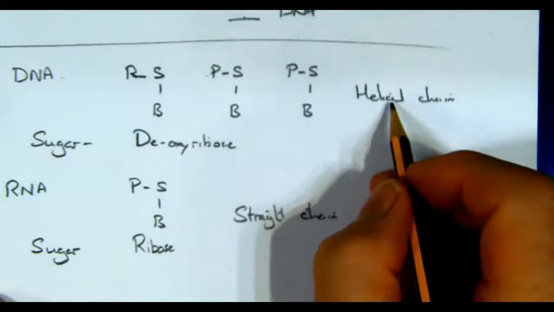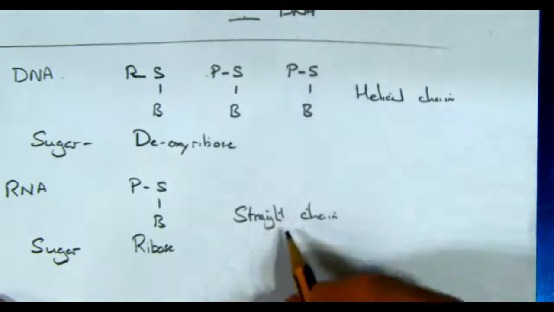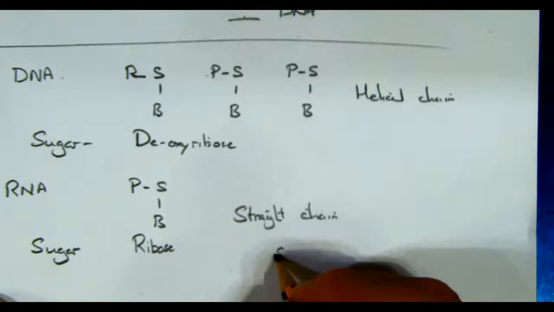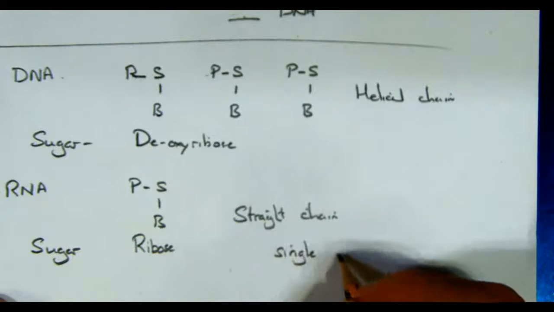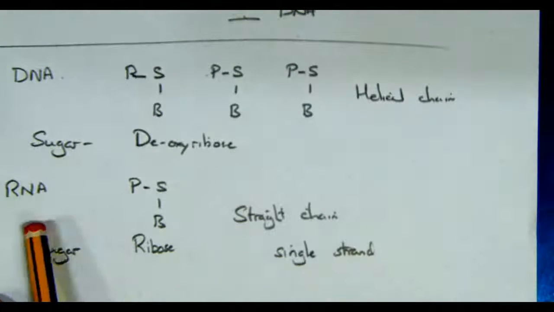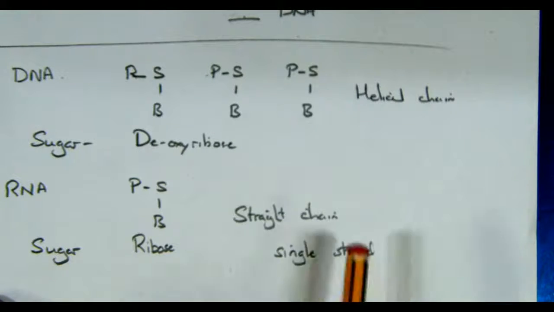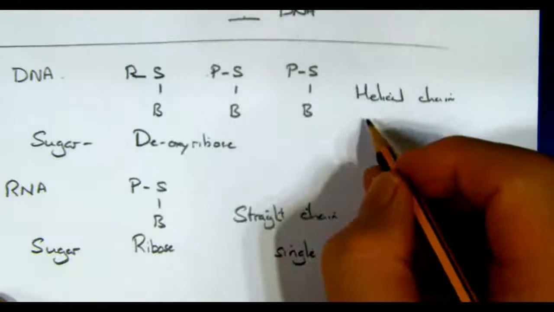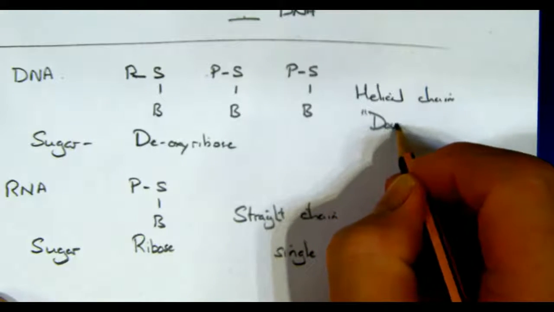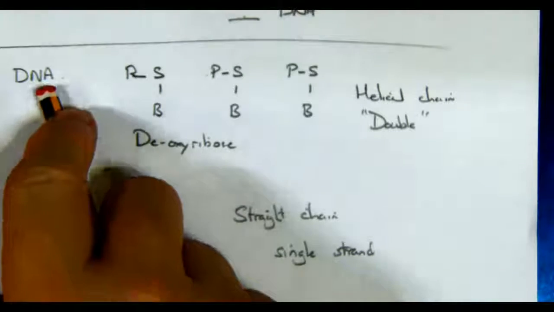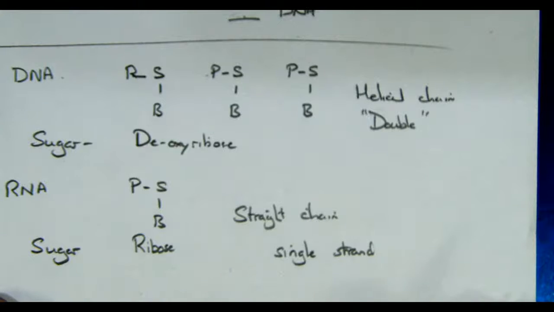This is going to allow this to become double-stranded, but this being straight is going to make this single-stranded. So we find that our RNA is always a single strand, we find our DNA is always a helical strand, and it's always, in fact, formed as a double helical strand. We don't find much single-stranded DNA available in nature.